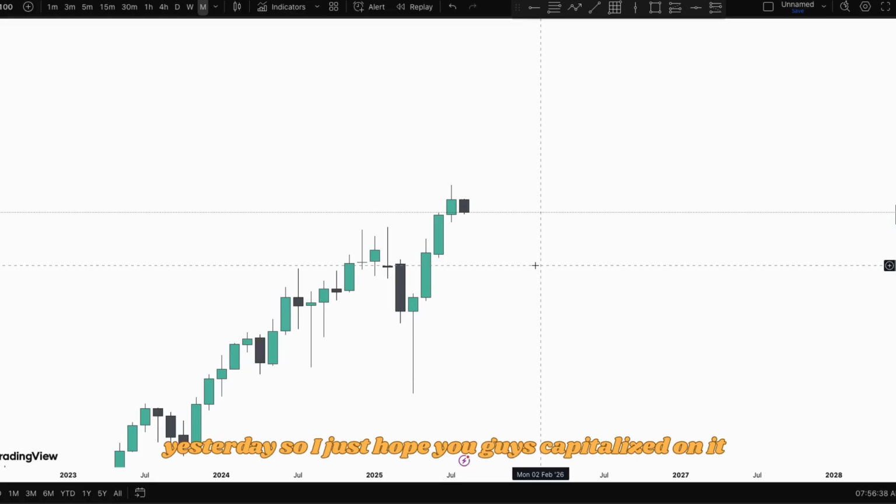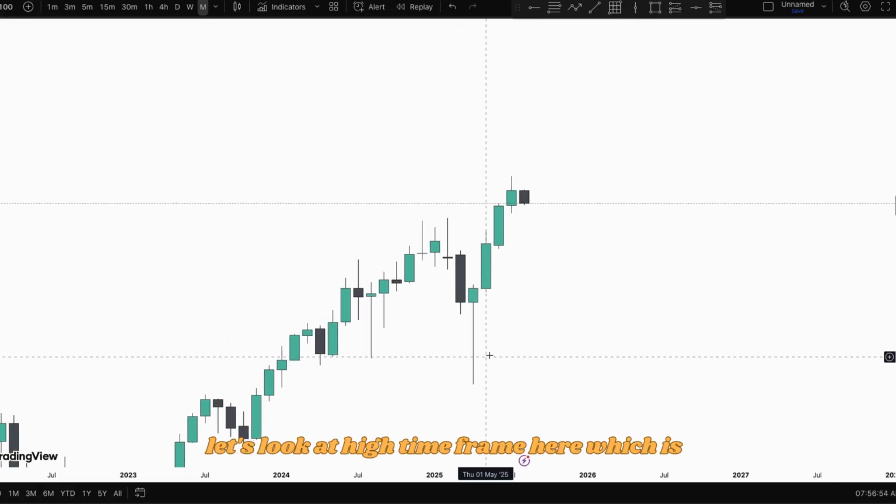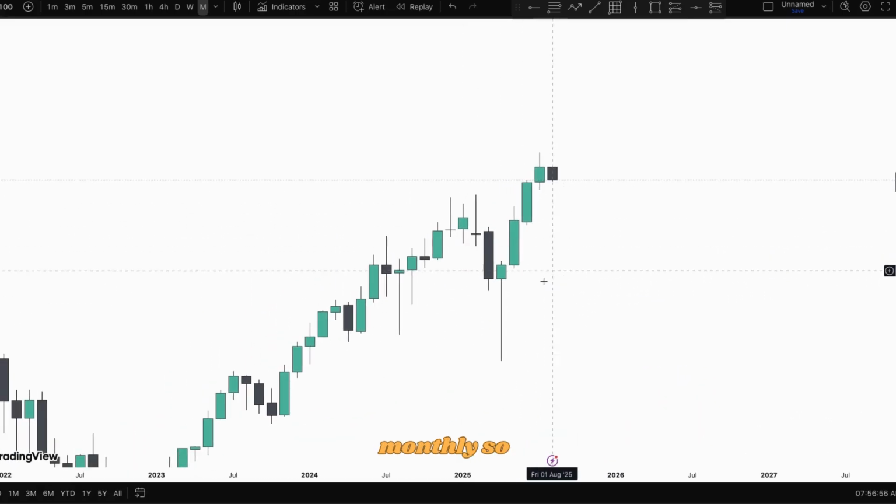I just hope you guys capitalized on it, because the things that I mention here every time are the way that I trade, and they repeat on both a high time frame and a lower time frame. They repeat, all right? So let's look at the high time frame here, which is monthly.